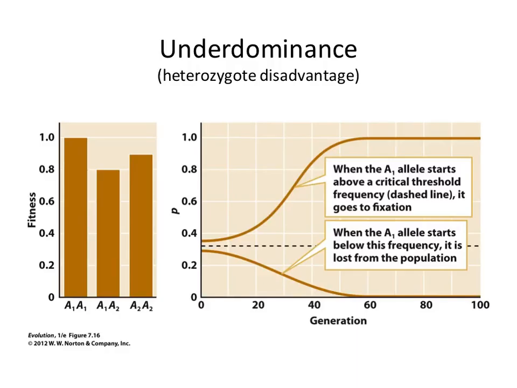And that's because it's bad to be a heterozygote. So in the graph on the left here, you'll see that it's the opposite pattern from overdominance, where it's better to be a homozygote than a heterozygote. So heterozygote disadvantage: you get the lowest fitness if you happen to have two different alleles.